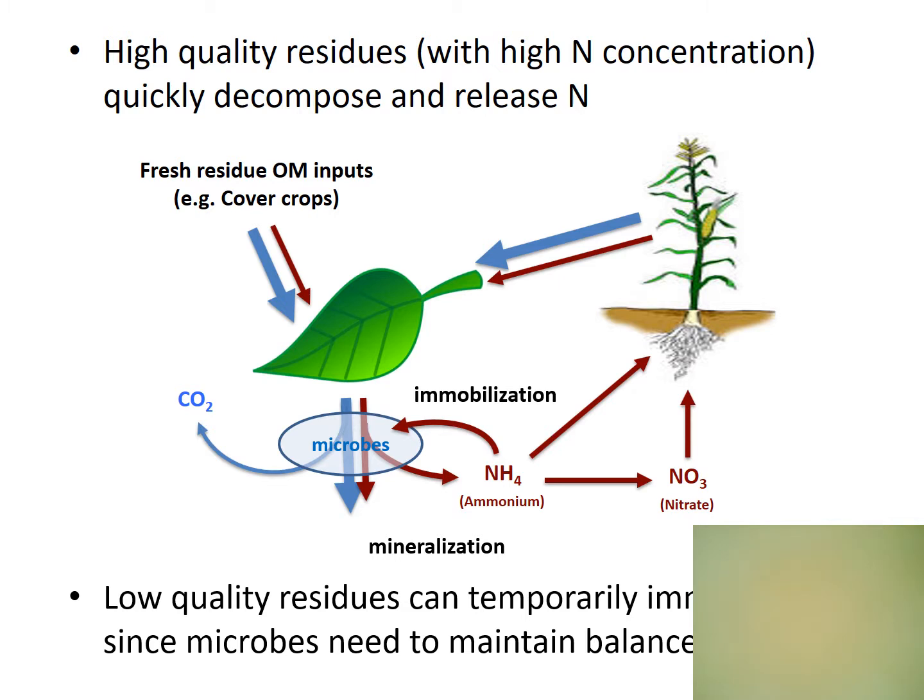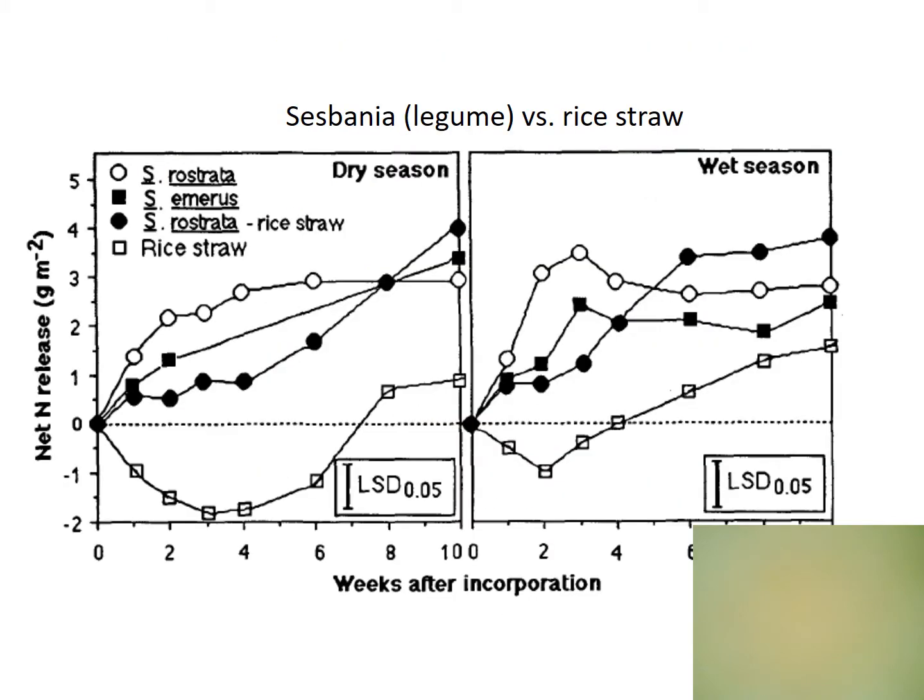That's really important to consider, because mineralization and immobilization are happening simultaneously, but if you have a really low quality residue with really low nitrogen content, immobilization can start becoming more important and cause you problems. But it's a temporary thing. It's not forever, and it's not always a bad thing, depending on the situation. So I'll give you some examples.